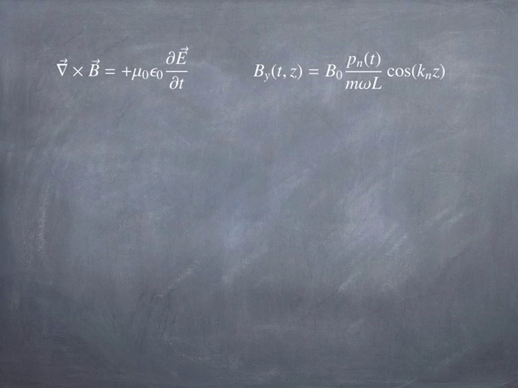But P is going to have units of momentum. So to make it have units of momentum, in order for the units of this whole expression to work out, I need to divide by something with units of momentum. And so I'm going to divide by a mass times a frequency times the same length parameter that I had in the other equation.